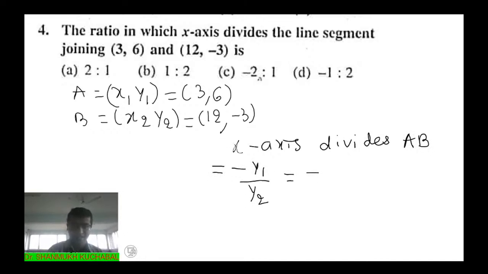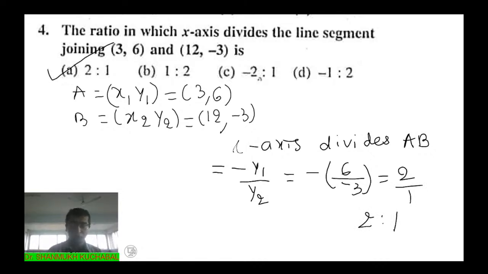So minus 6 divided by minus 3. If we simplify, we get 2, or else we can write 2 by 1, that is 2:1 is the ratio. So option A, 2:1 is the correct answer.